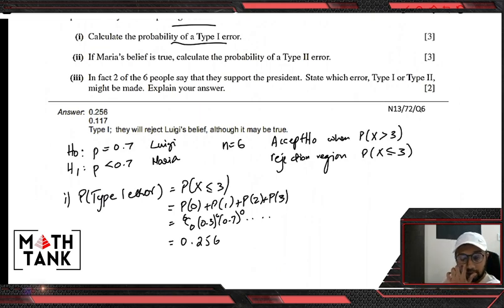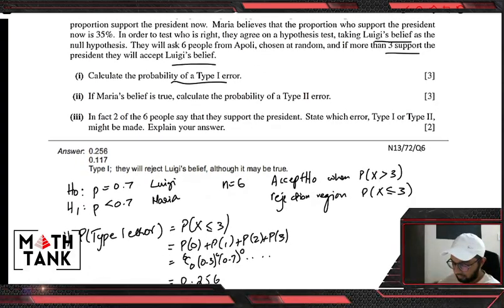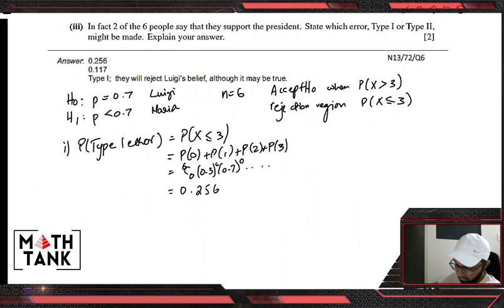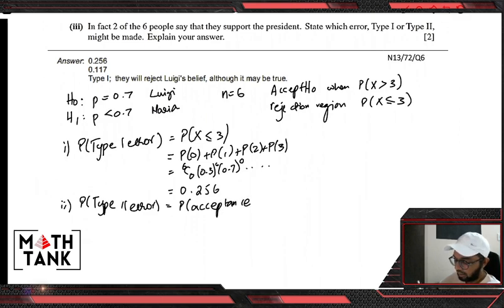It's pretty high in this case, partly because they've taken the critical region halfway through the number of the sample, basically. If Maria's belief is true, calculate the probability of a type 2 error. So a type 2 error also always has a new probability. If you remember from the lecture, it's the probability of the acceptance region using the new parameter.